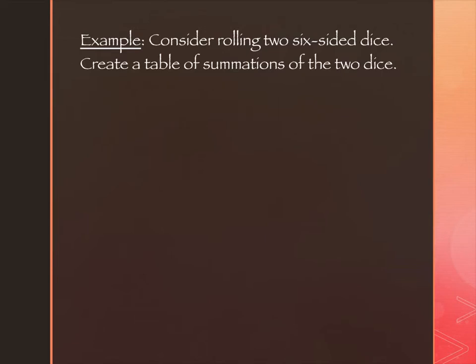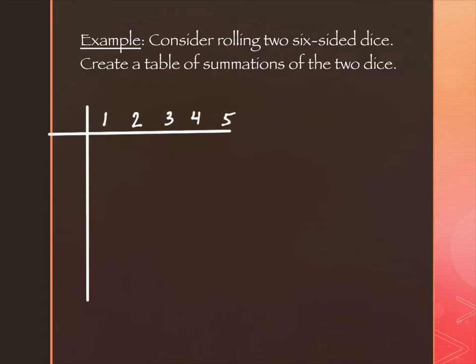The tables both start out looking the same. They're going to have a column and a row, and they're going to have our counts of our dots. So 1, 2, 3, 4, 5, and 6. And then we're going to do the same thing on my column.